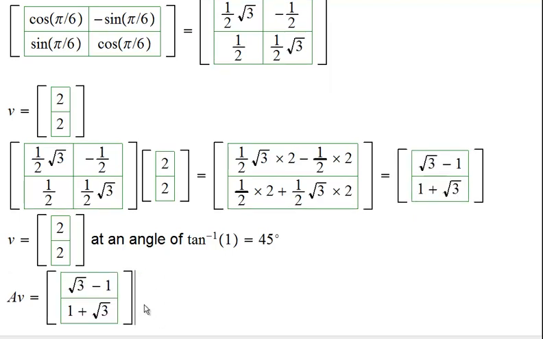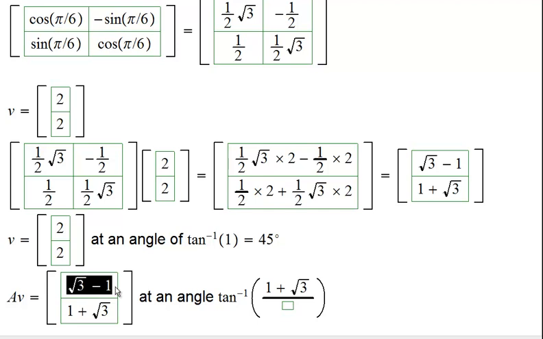So this will be at an angle tangent inverse of this second component over the first one, the y component over the x component, and we can try it directly.